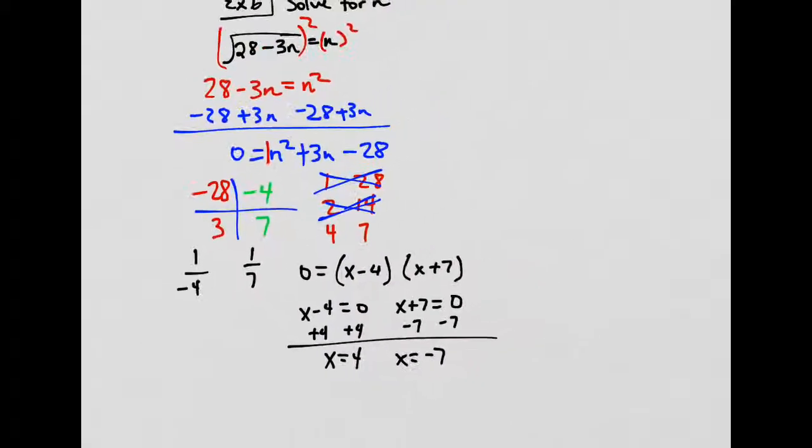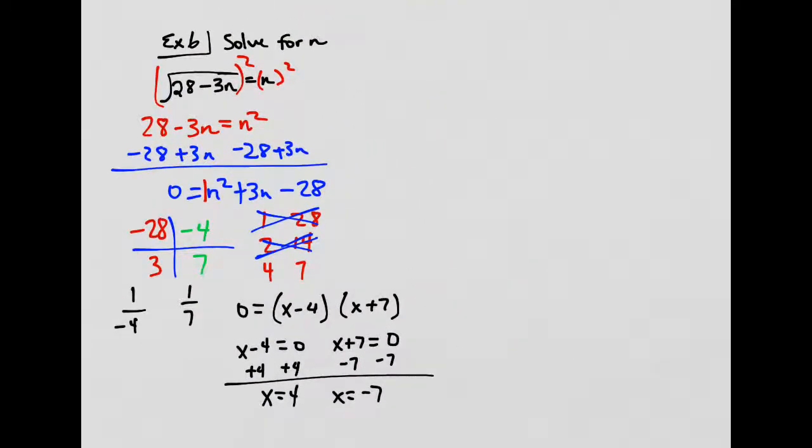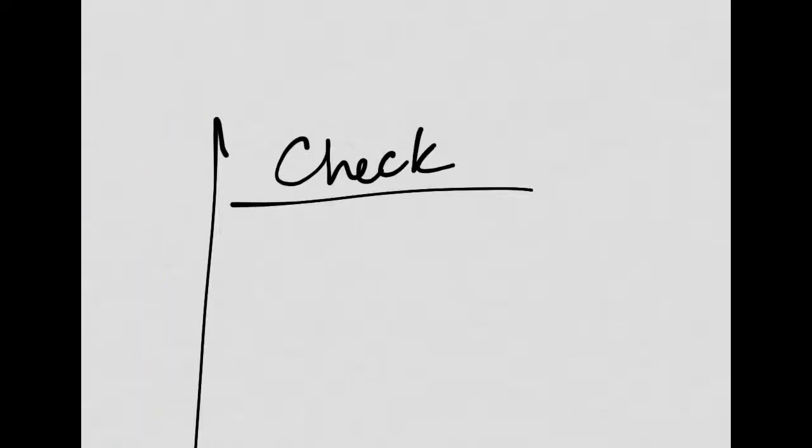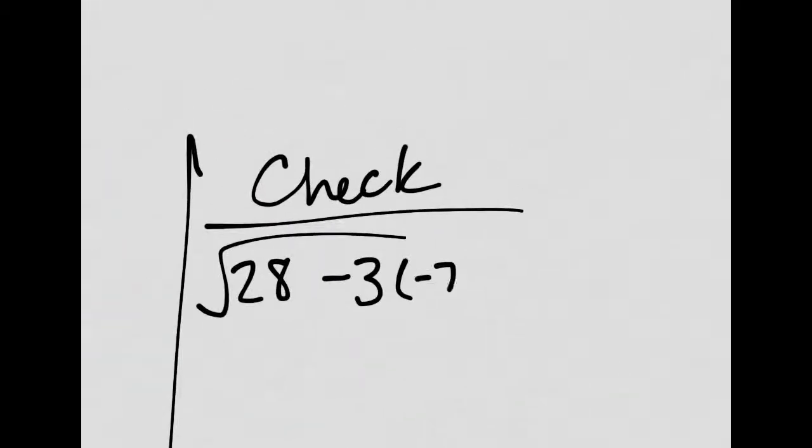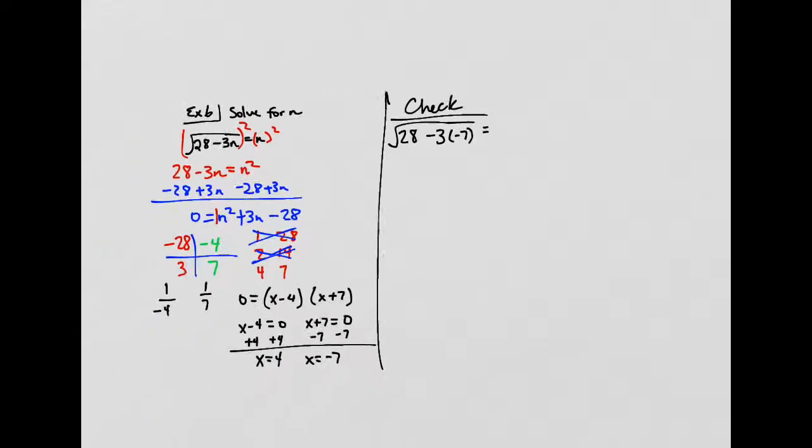Then what do you have to do? I've got to check these. So that's the square root of 28 minus 3 times negative 7 equals negative 7.